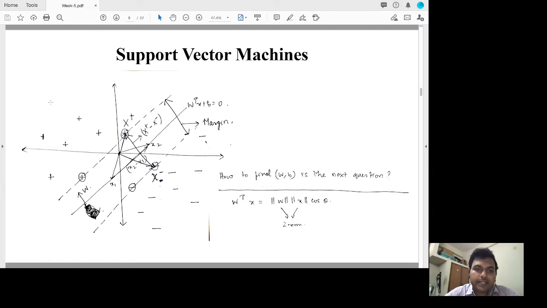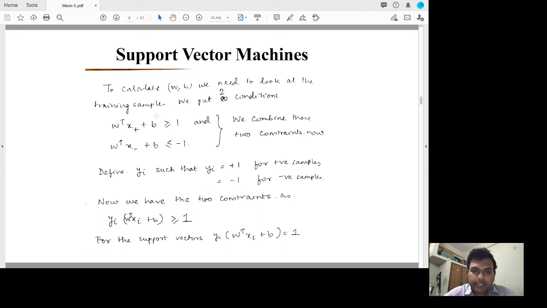So when you do W transpose with those points and add B to them, the value of W transpose X plus B must be greater than plus 1. That is the first condition.